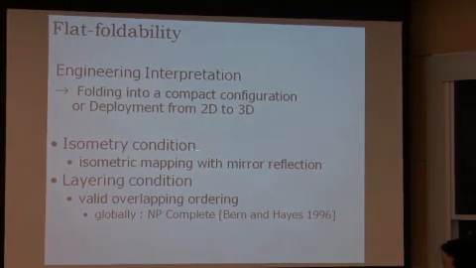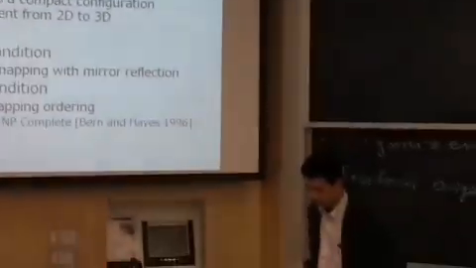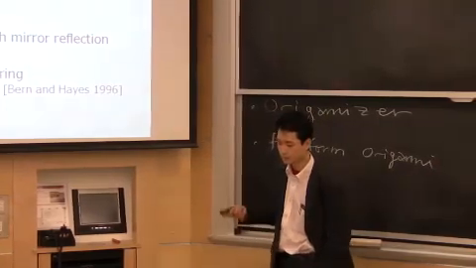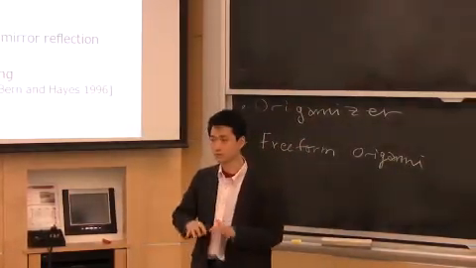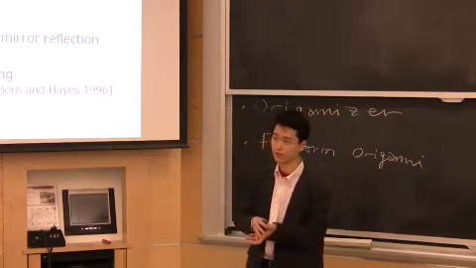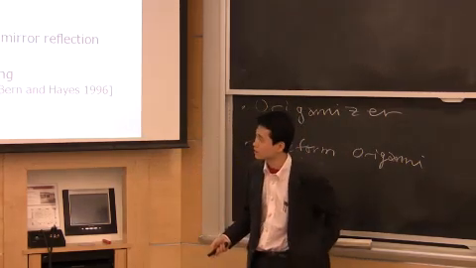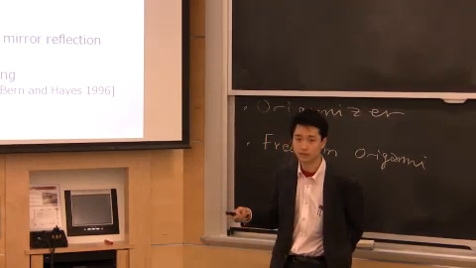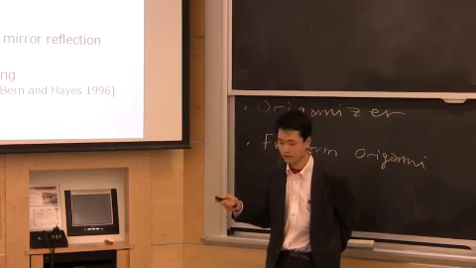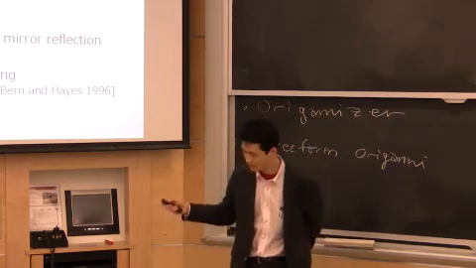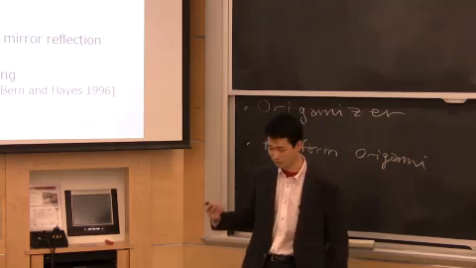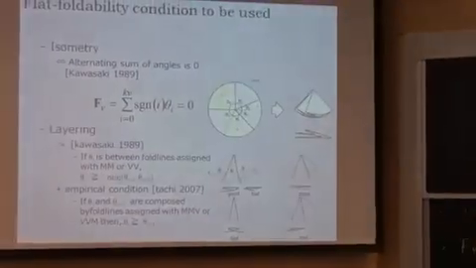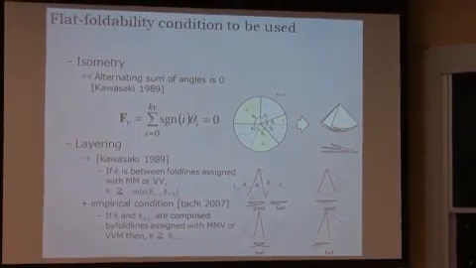We also want flat foldability for the surface. This is applicable for compactly packaging a surface, from 3D to 2D and from 2D to 3D. It's also represented by an isometric condition, like in developability. And we also have a layering condition, which is actually NP-complete, so it's hard. But for practical purposes, we can avoid that.